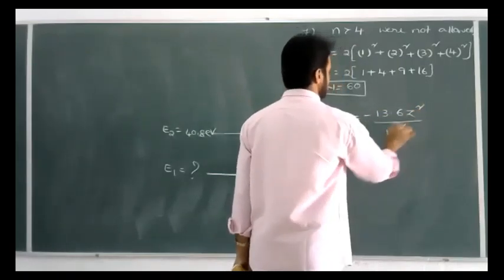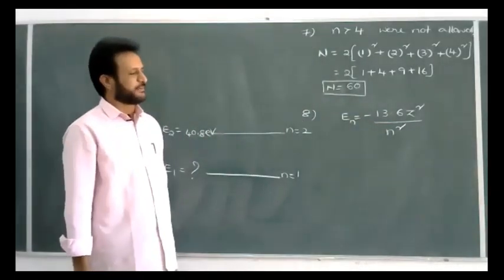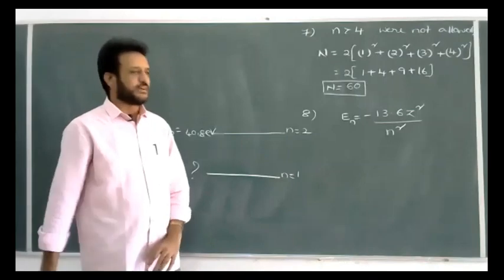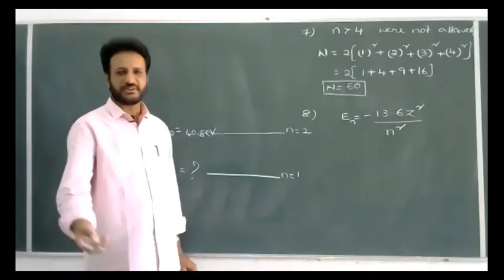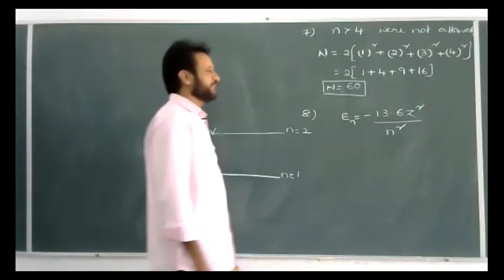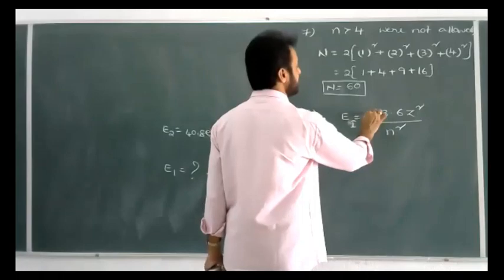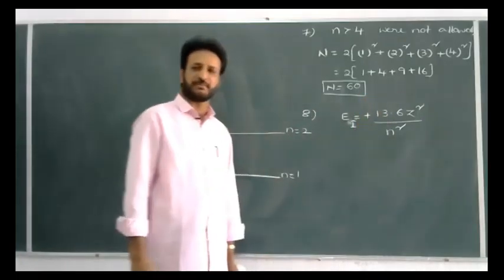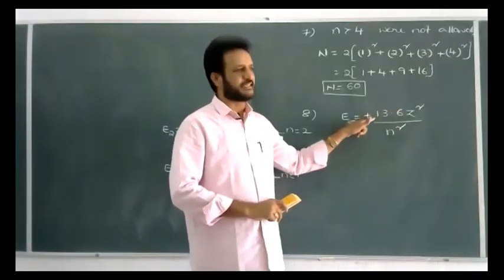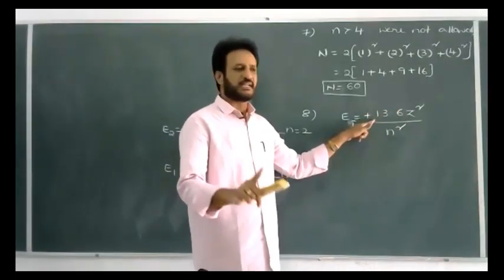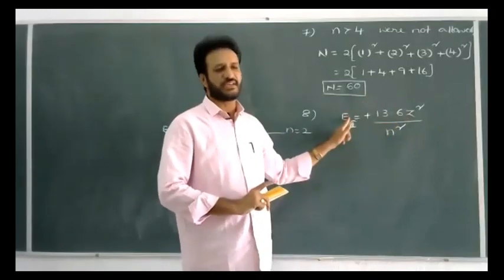The energy required to remove an electron means ionization energy indirectly. So E ionization is equal to plus 13.6 into Z square by n square. In both the cases 13.6 is constant and it is the same hydrogen-like atom, so Z is also constant. Then E is proportional to 1 by n square.